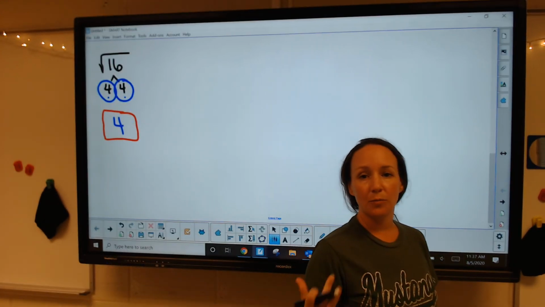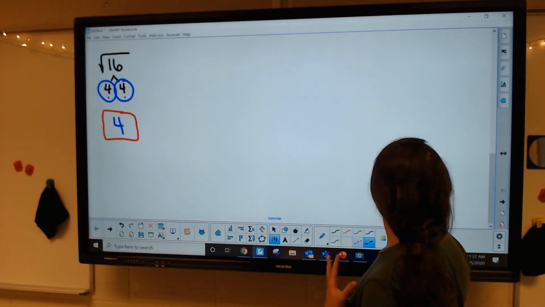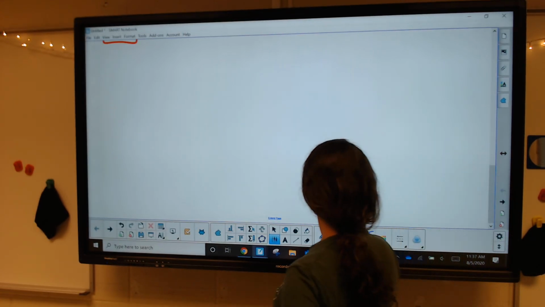So I'm going to let you practice that for just a minute and see how things go, just to kind of refresh you on the perfect squares. So try these.